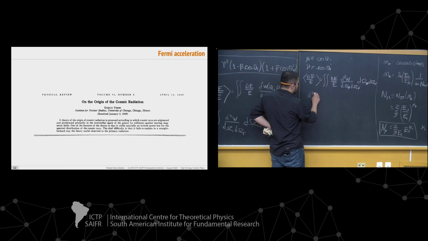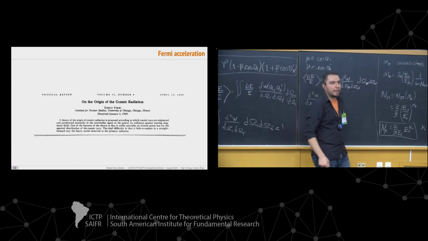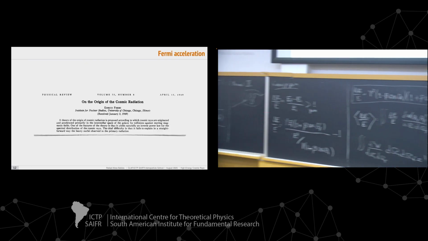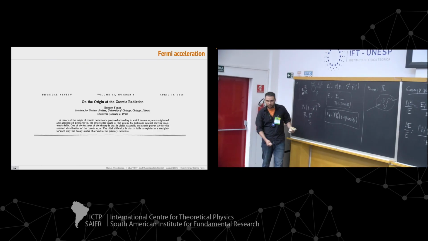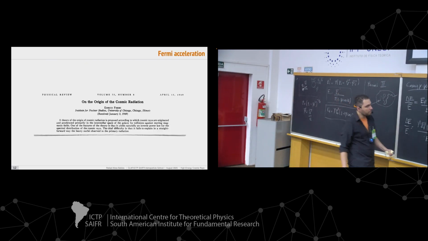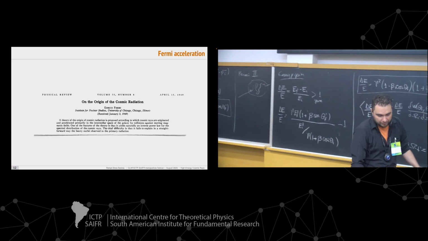So let's first assume that omega is independent, that the initial and the final angles are not correlated to each other, for simplicity. And what do we have to assume here?